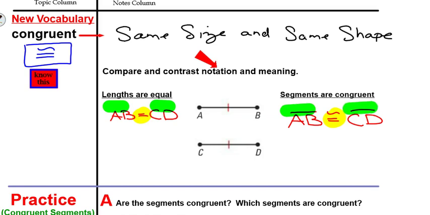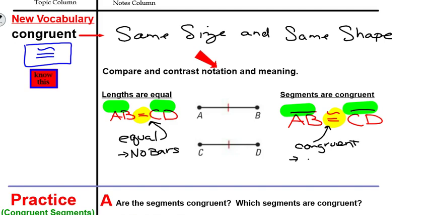So, when you have equal, you always have no bars on your letters. When you have congruent, we are talking about the shape, and that means you have to have a bar. We are talking about the actual picture.